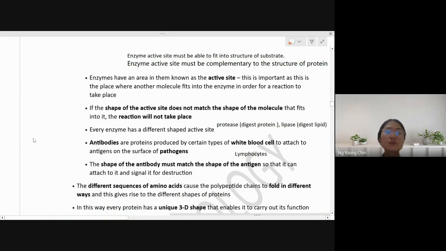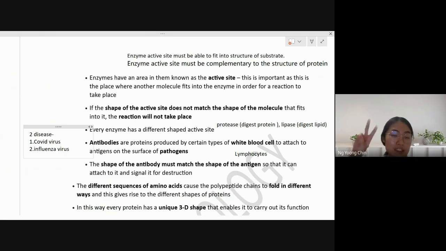You can imagine that, for example, you are infected with two kinds of disease, COVID and influenza A. Both are viruses, right? Very unlucky, you are being infected by these two different viruses in your body.